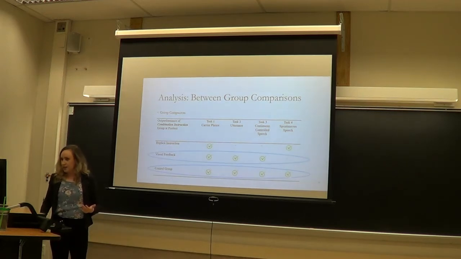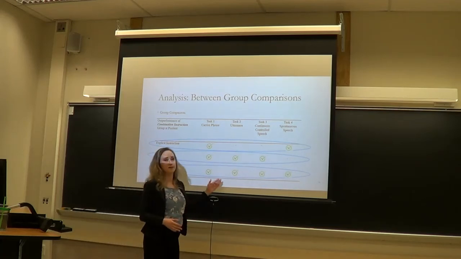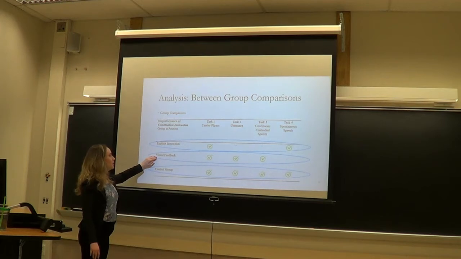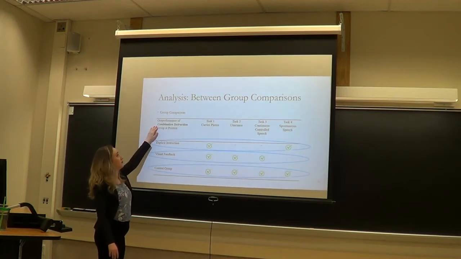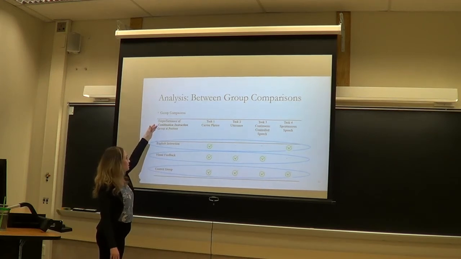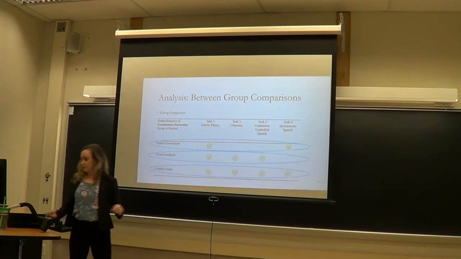And then just to re-emphasize here. Now the reason that this is interesting and noteworthy is because for the explicit instruction and visual feedback group, there was not one time that they outperformed the combination instruction group. So here we can see that combination instruction has majorly outperformed all groups.